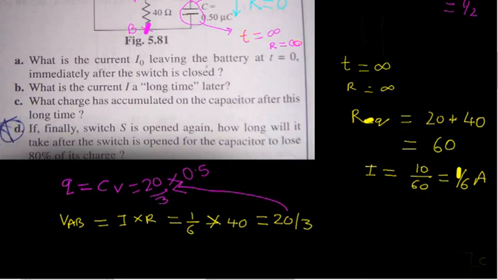It means the total will be 10 by 3 microcoulomb.